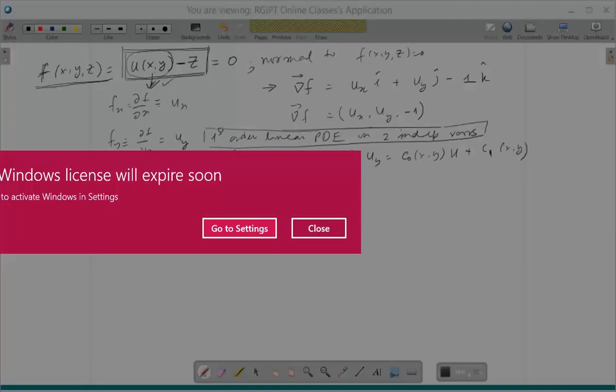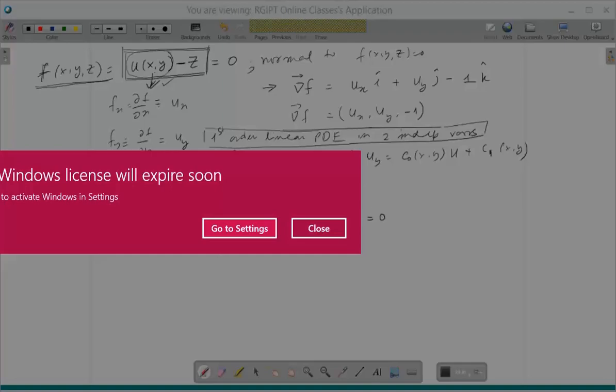Now, I'm going to write this as follows. The left-hand side expression I'm going to write as a dot product of two vectors. One I'm going to choose as the del f vector, which I defined over here: ux, uy, and minus 1. What do I get on the left-hand side? You can check it can be written as a, b, and then c0 u plus c1.